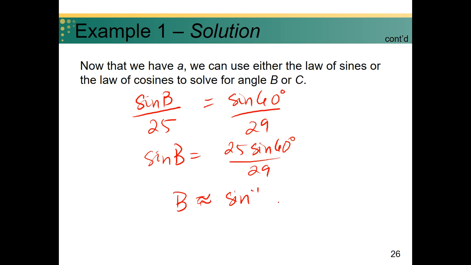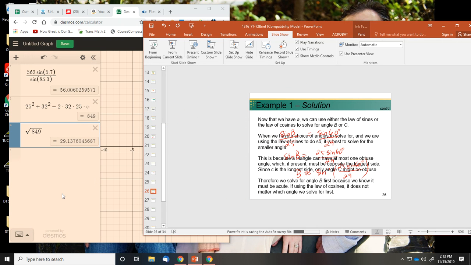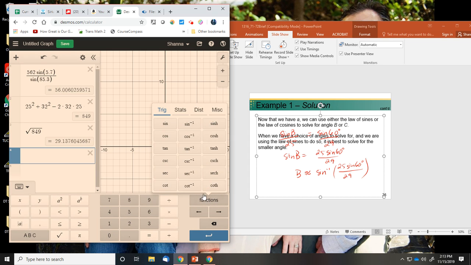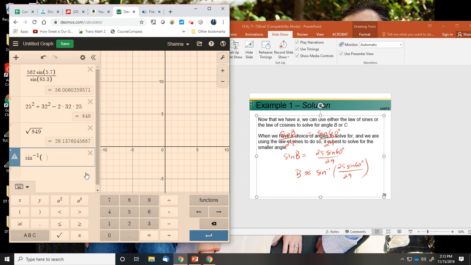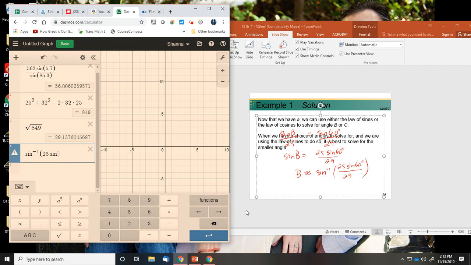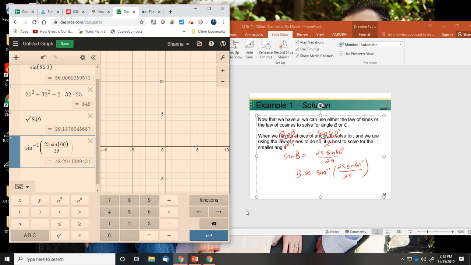B is at least kind of equal to, it's the reference angle related to this. Sine inverse of 25 sine 60 over 29. And I get 48.